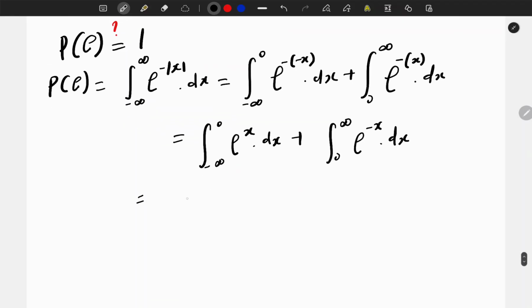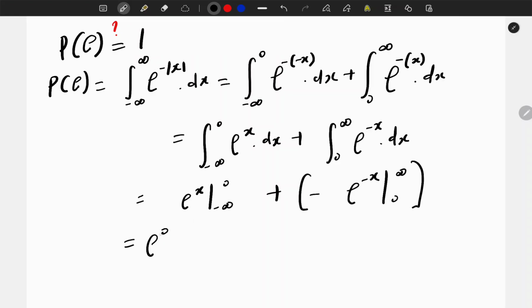If you integrate this, we have exponential x from minus infinity to 0, and then exponential minus x, with a minus sign, from 0 to infinity. So we have exponential 0 minus exponential minus infinity, plus minus exponential minus infinity minus exponential minus 0.